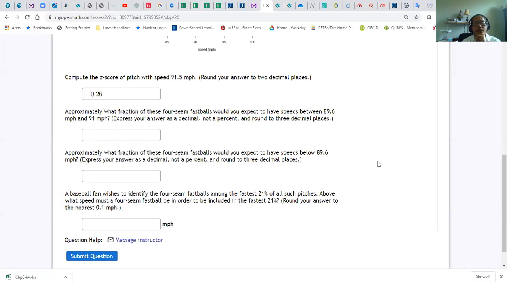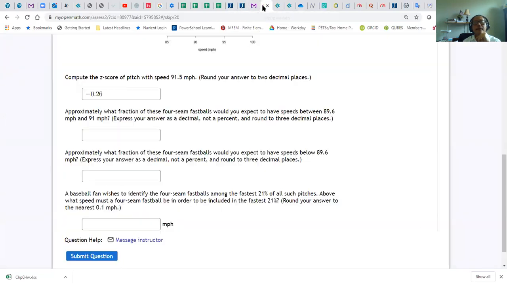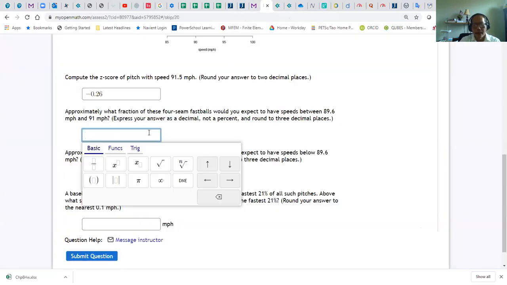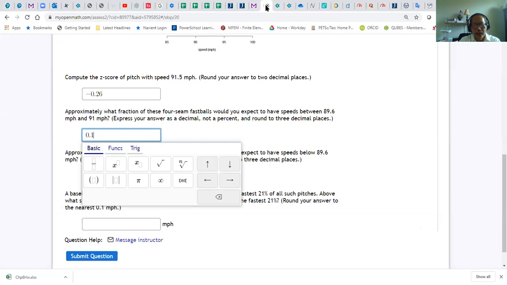You need to round to 3 decimal places, so the answer will be 0.173.